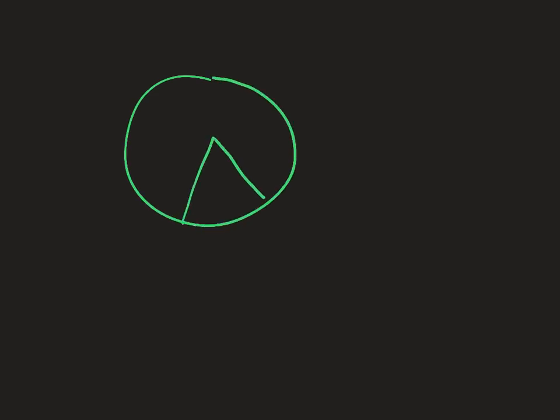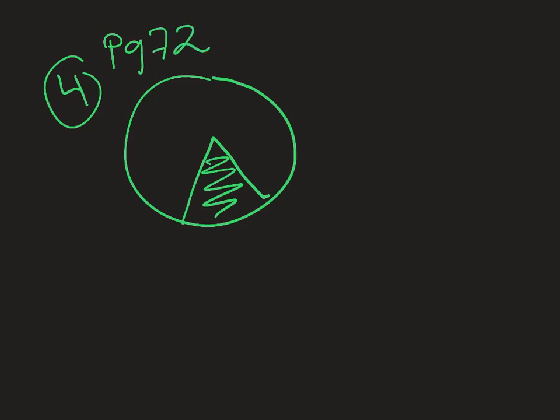Number 4 says that you're going to make a tent from a cone. So on number 4, I have a whole circle and I'm going to make a cone. So what you're going to do is cut this piece out and then fold the two pieces together. So it makes kind of like a cone, like a teepee. So you're taking out this piece. So that should help you do number 4 on page 72.